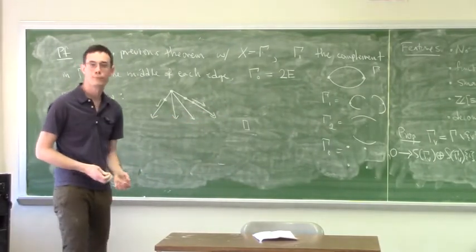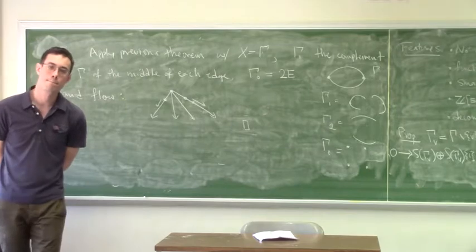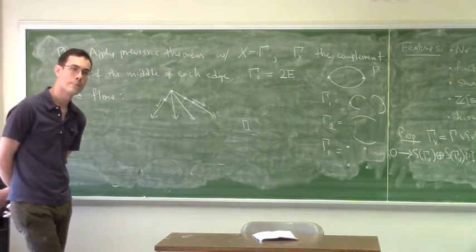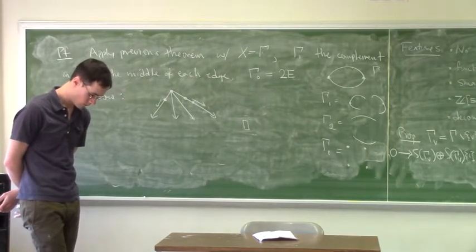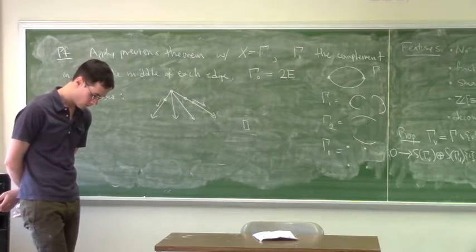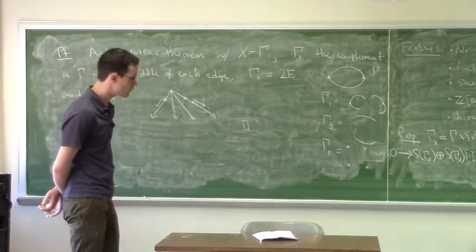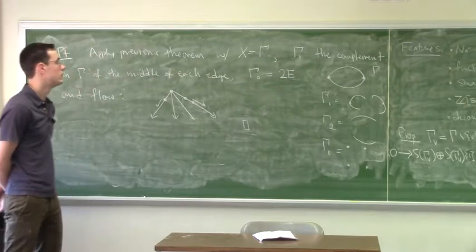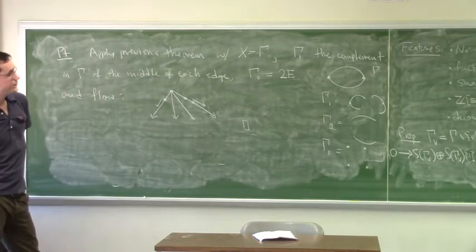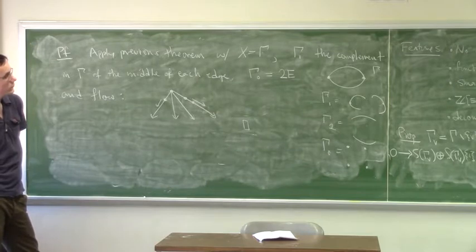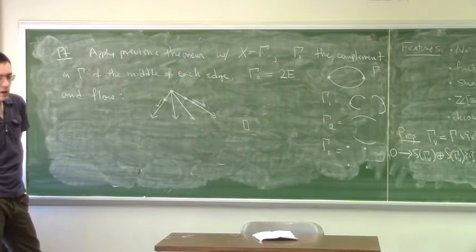Does your Mayer-Vietoris theorem give a different proof of the Ayala-Francis theorem? If you use some kind of cellular approximation, can you concoct your flows so that you can actually give a different proof of the manifold case? Maybe.